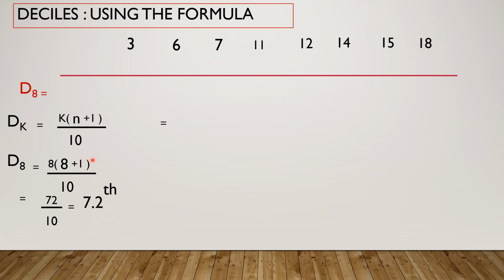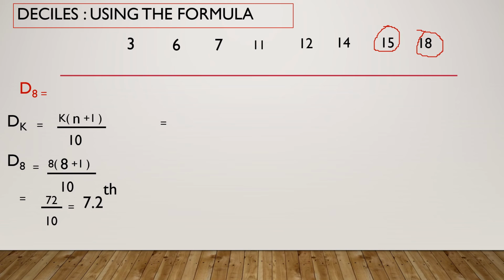Okay, 7. Here, 7. So 1, 2, 3, 4, 5, 6, 7. That is number 15. This is the 7th here. And we have the 0.2. To get the exact 0.2, what we are going to do is, again, get the difference of this 7th and 8th.